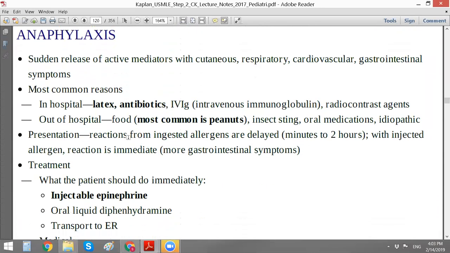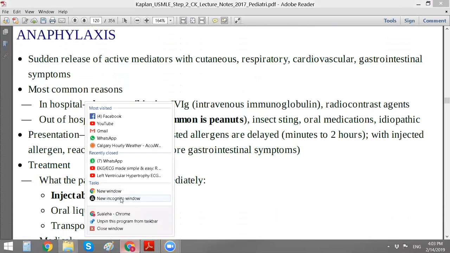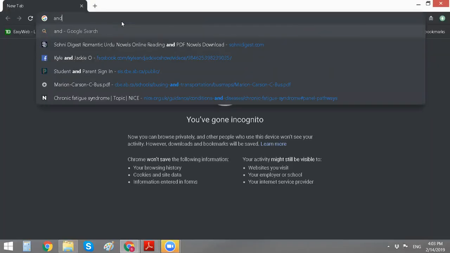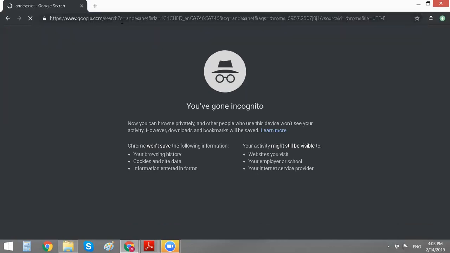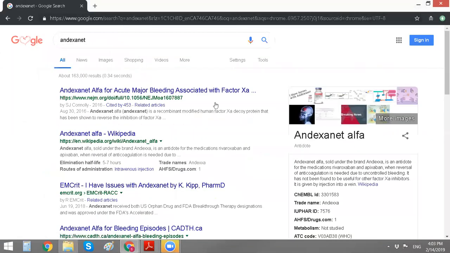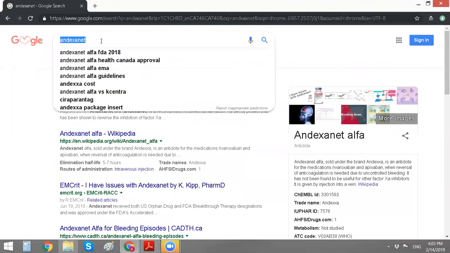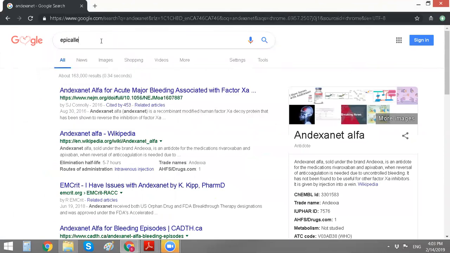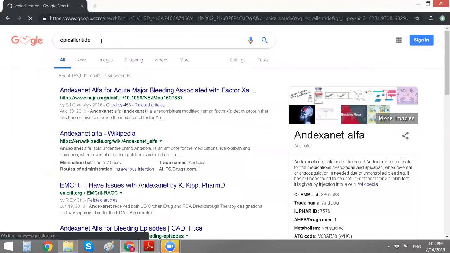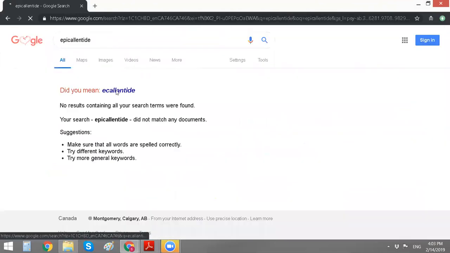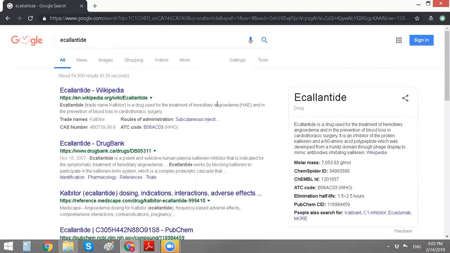Icatibant is used for hereditary angioedema.